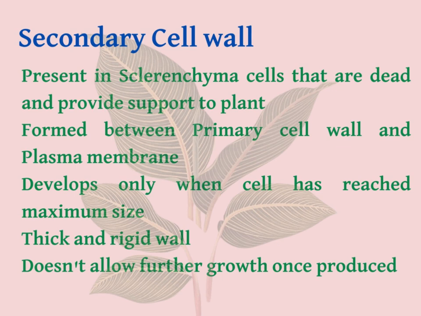Secondary cell wall is deposited after cessation of cell expansion in specialized cell types, including tracheids, vessels, fibers, and sclereids. These all cells are collectively known as sclerenchyma. Secondary cell wall is most prominent in secondary xylem of gymnosperms. Secondary cell wall is a thick and rigid wall. It does not allow further growth once produced.